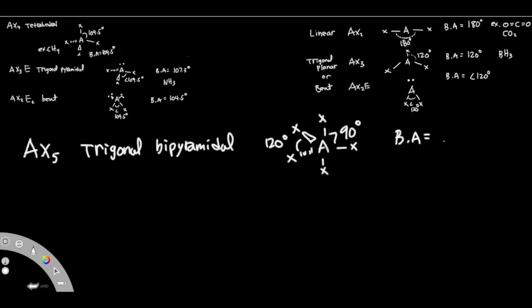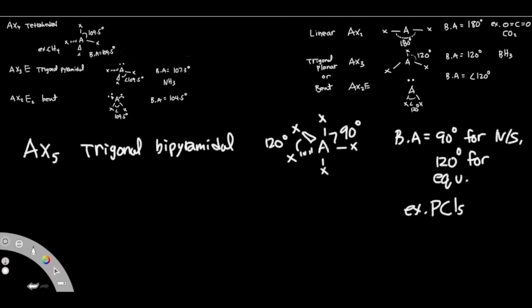The 90 degrees is for north-south, and 120 degrees for the equatorials. A good example for this one would be phosphorus pentachloride. So maybe I'll write this here. Phosphorus pentachloride. So that's AX5.